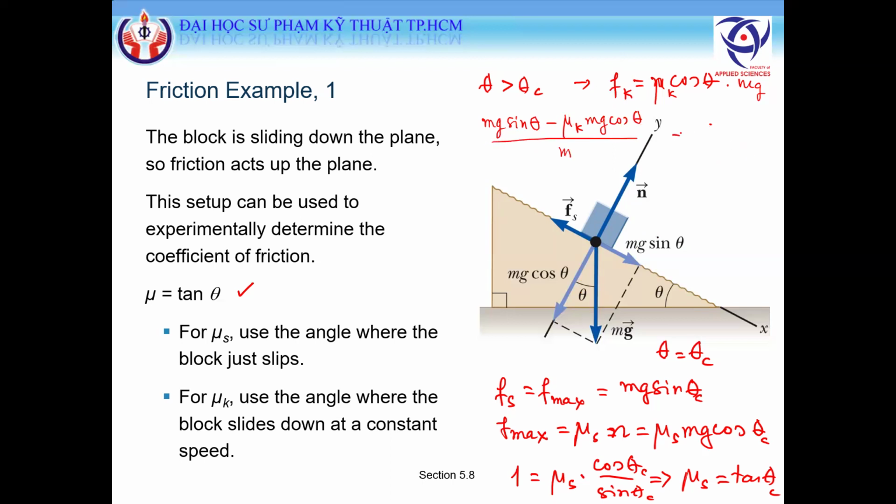So you will get the acceleration a, right? A is mg over everywhere, so you can cancel the m from the numerator and the denominator. You get g multiplied with sine theta minus mu k cosine theta.